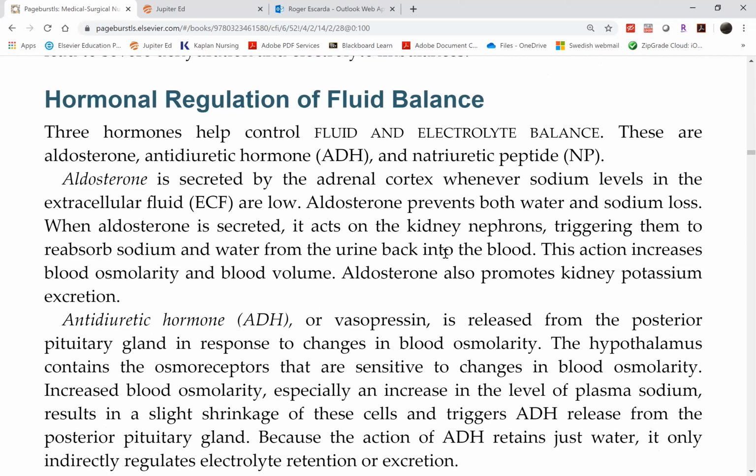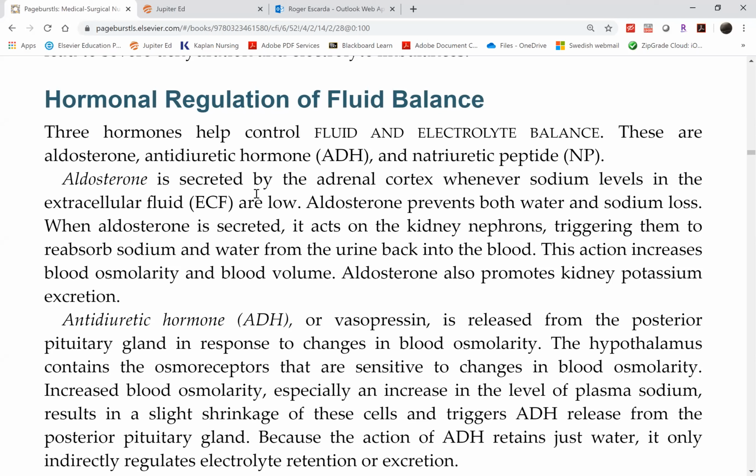So we don't die, we don't end up in the hospital. That's because we have intact hormonal regulation. So during times of starvation, dehydration, our body adapts. We have hormones to make sure the fluid balance in the body is maintained. But only to a certain extent. Eventually, there will be consequences.